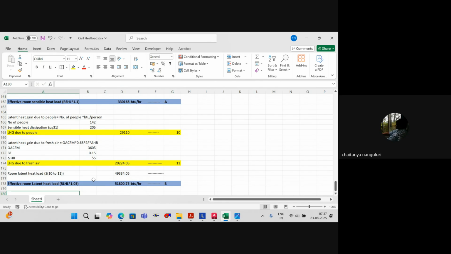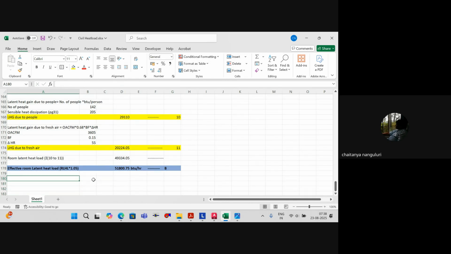Now we have to calculate heat gain due to fresh air which is touching the coil. Not touching the coil we've already done, isn't it? Now we will calculate the sensible heat gain due to fresh air which is touching the coil.